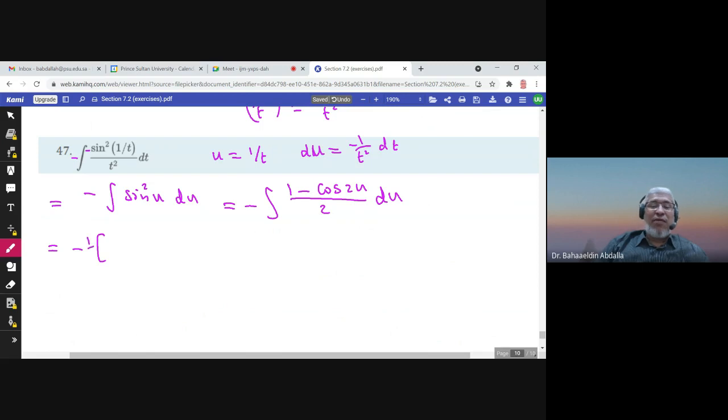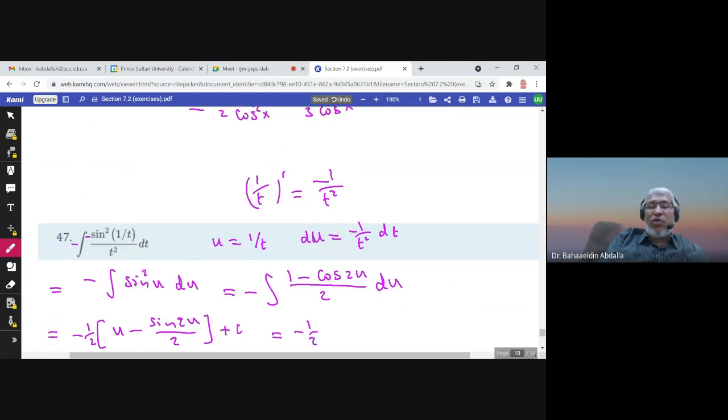I can take half outside. And then the integral of 1 is u. Integral of cosine 2u is sine 2u over 2 plus c. So negative half u.